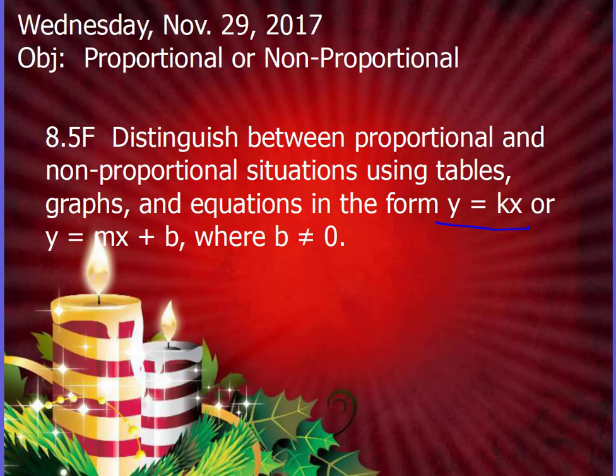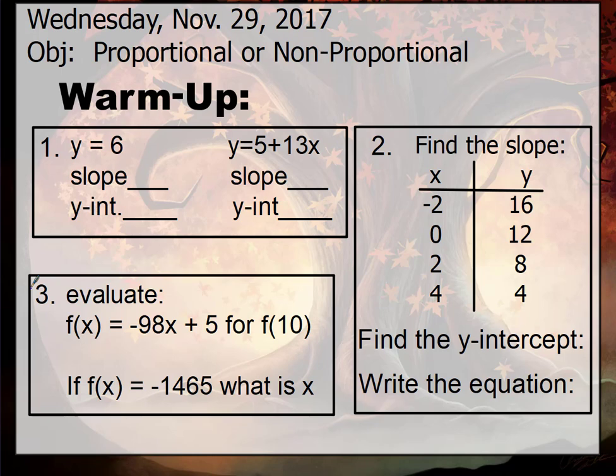So, I'd first like you to do a couple warm-up questions. Here they are. In the first two, I'd like for you to tell me what is the slope and y-intercept of each of these equations. In this second problem, I'd like for you to find the slope and y-intercept and write the equation of the t-chart that I'm giving you.